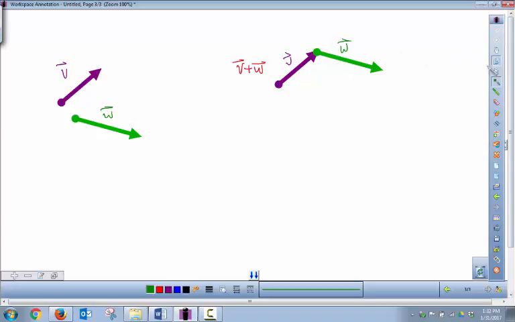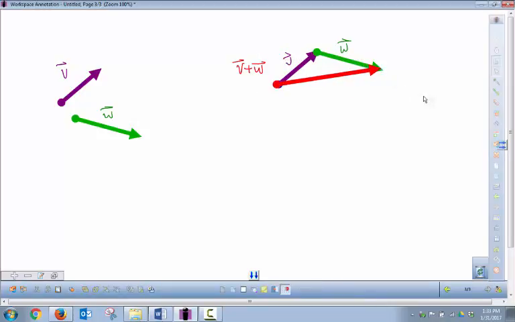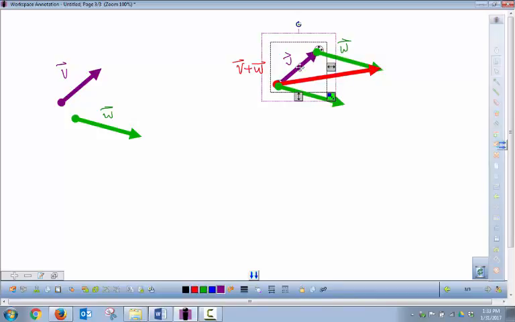To find the sum, you would start with the tail of vector V and go to the head of vector V, but then you take W and go to the head of vector W. So from head to tail, this is your new vector V plus W. Notice that addition is commutative, so instead of starting with V like we did, we could actually start with W first and then add V to it.